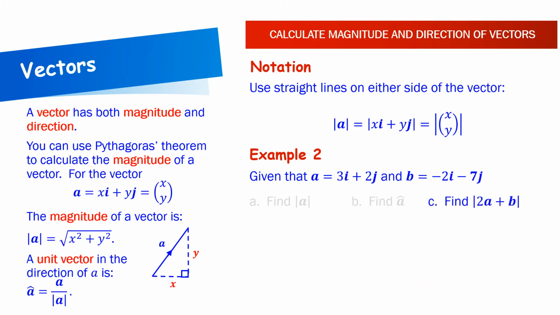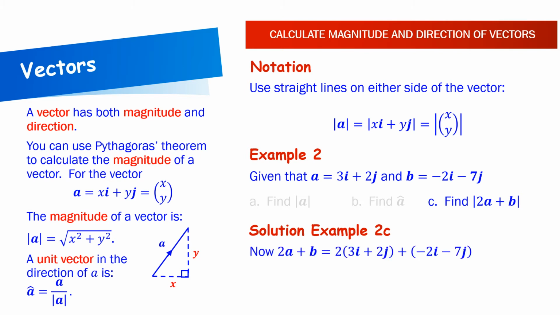And now for part C, we are required to find mod 2a plus b. So let's solve this. 2a plus b is as shown. So here's 2a and here's b. Let's expand the 2a, which becomes 6i plus 4j as shown, and leave the b as it is.